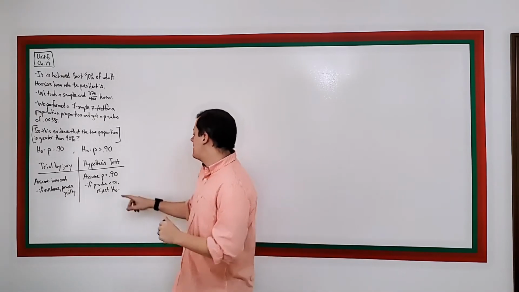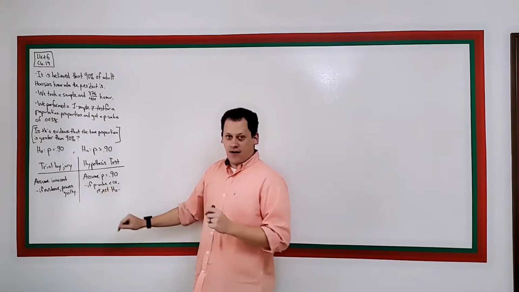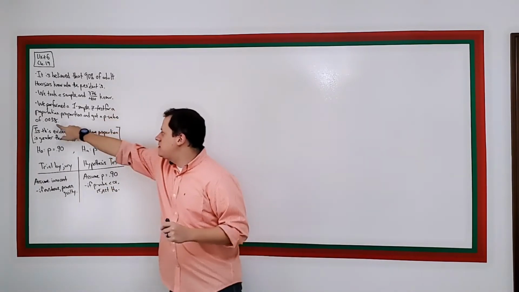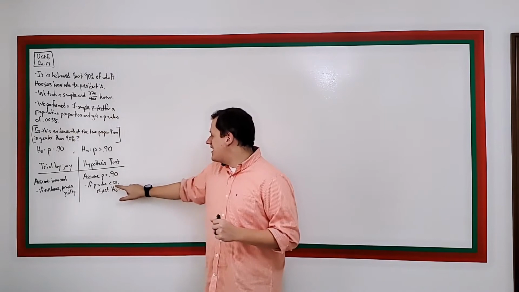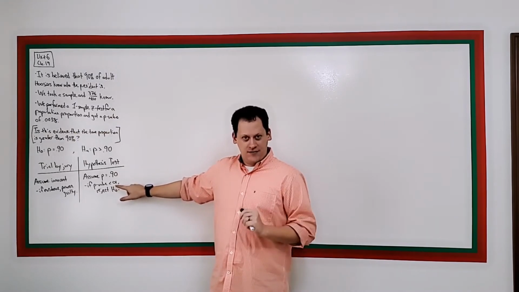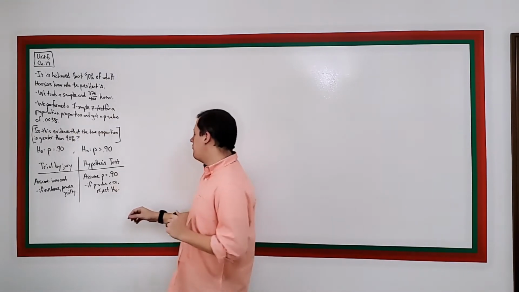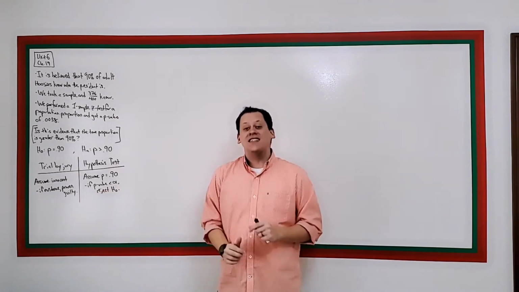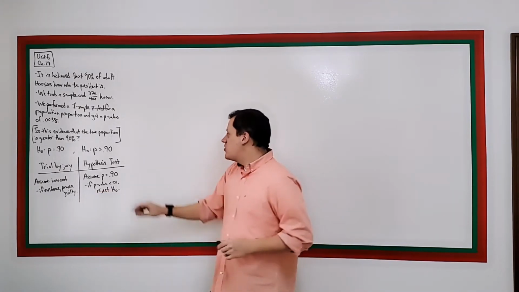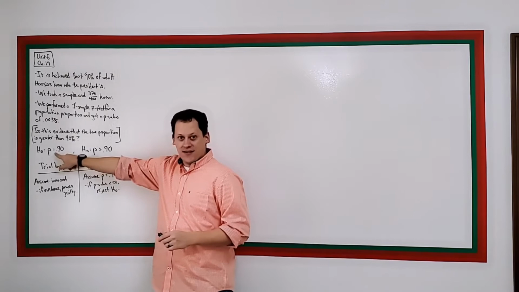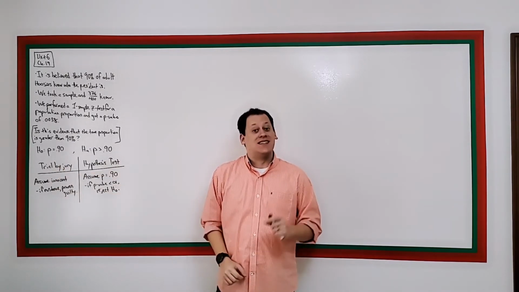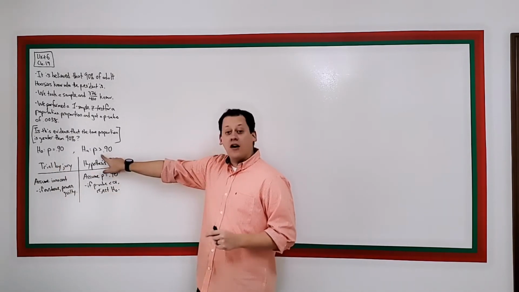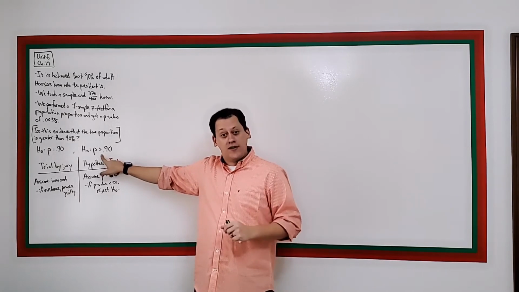And the evidence that we're looking for is if our p-value, which was 0.0038, is less than alpha. If the p-value is less than that number, we will reject this null hypothesis and state that we have evidence instead of the alternative, which is what we were trying to prove.